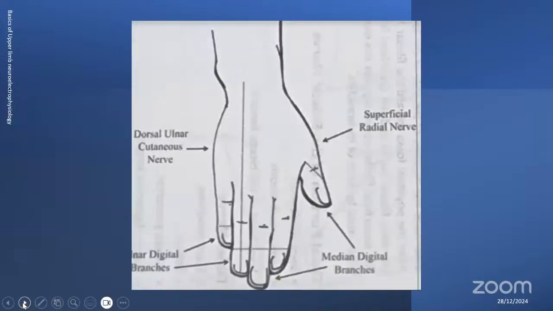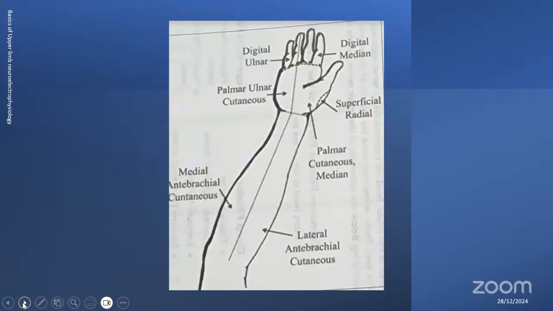Right. So the cutaneous supply, which we were just mentioning: the distal median, superficial radial, palmar cutaneous. So an important point, which I mentioned earlier, the medial aspect of the forearm is supplied by C8, T1. If there is sensory loss only on the medial aspect of the little finger and the palm, it's ulnar nerve.